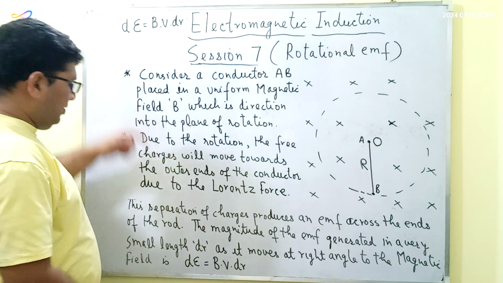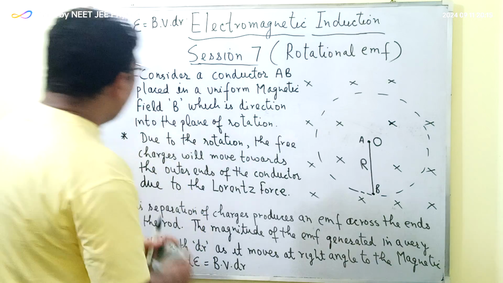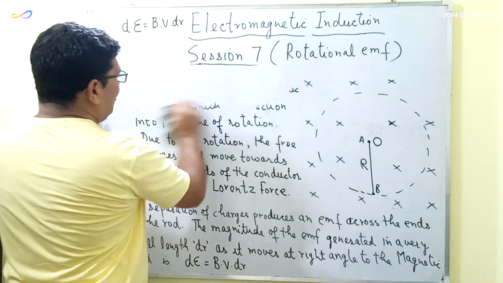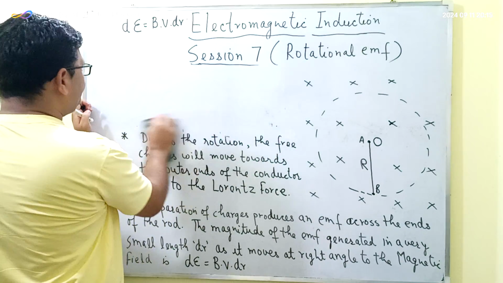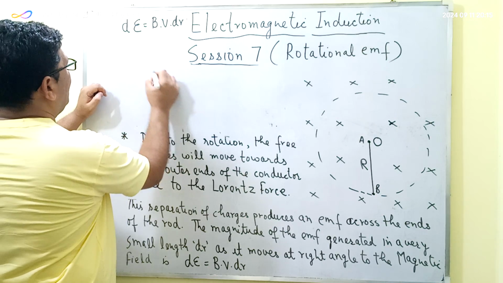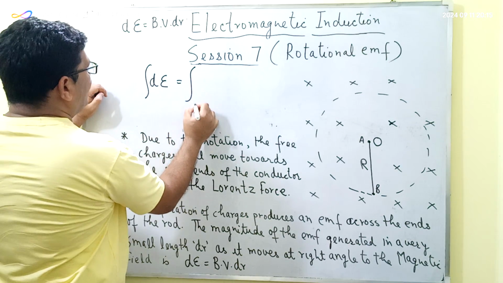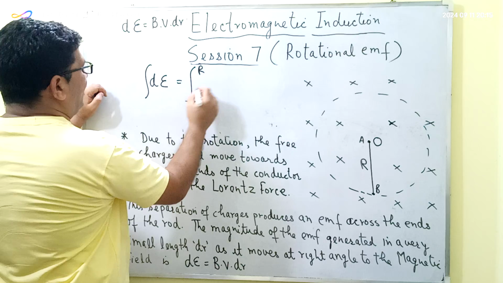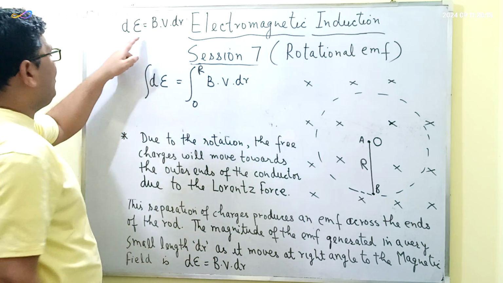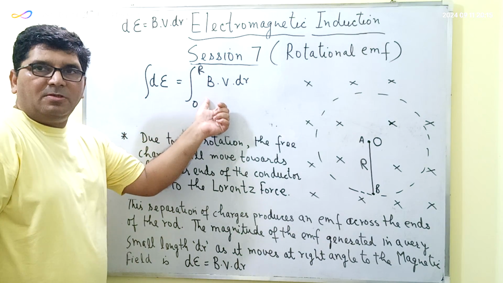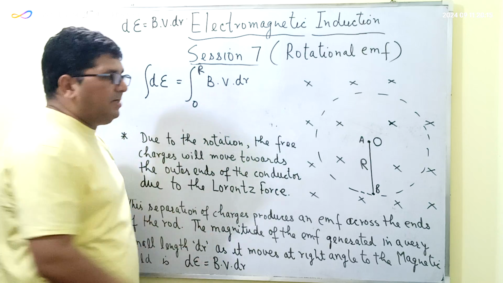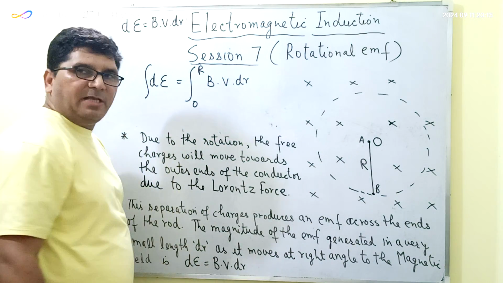Now, in order to find the total EMF which will be generated in this conductor AB, I will be simply integrating this equation within the limits of 0 and R, so this equation will get converted into this equation in order to find the total EMF which will be induced in this conductor AB.